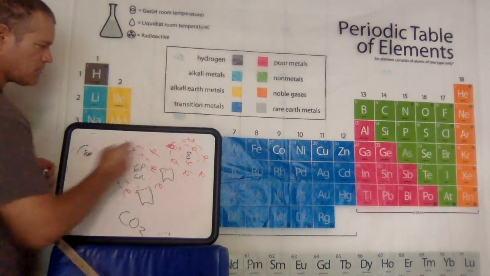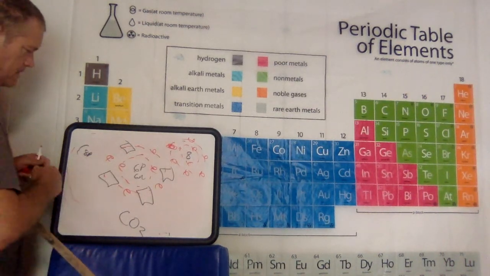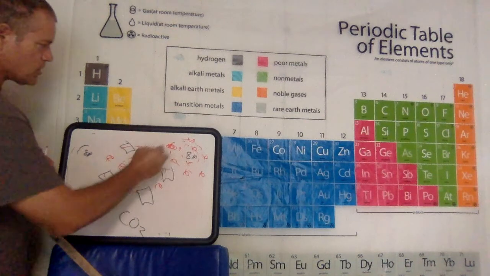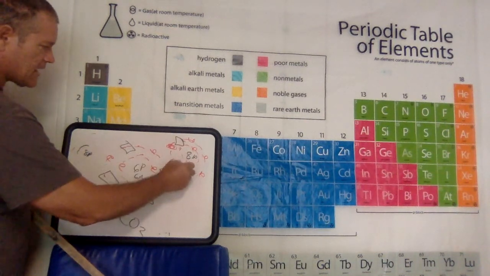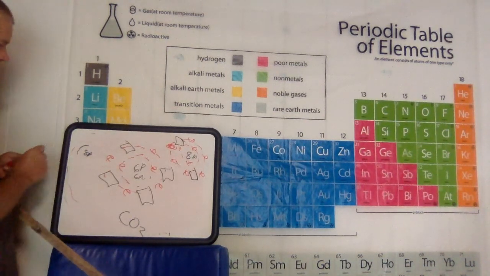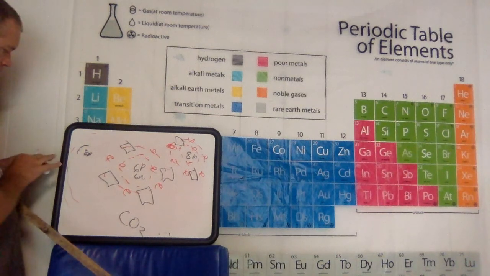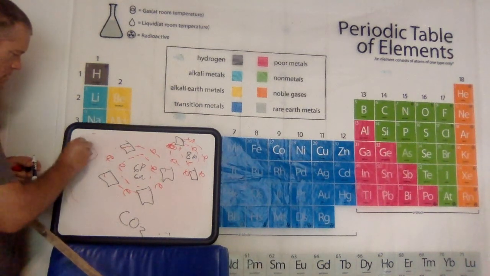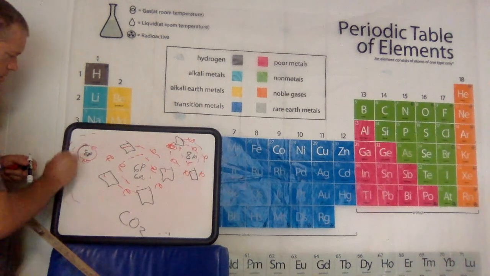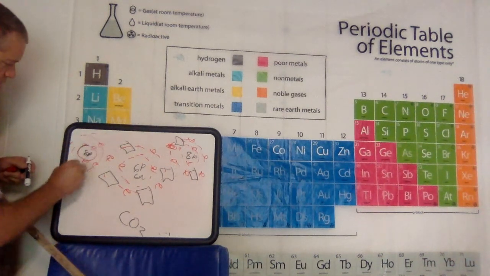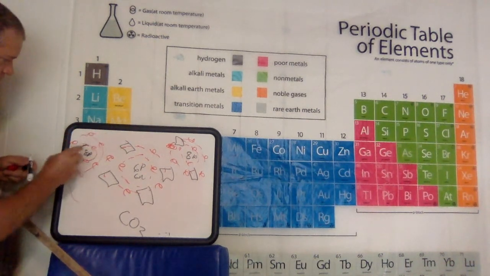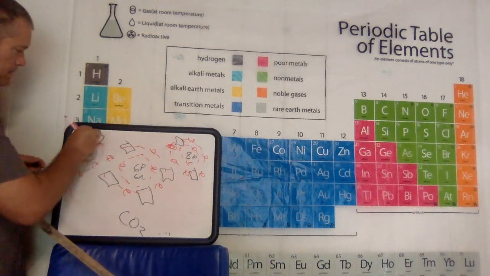I did that kind of terrible, but you get the idea. Now look at that. It has a gap here and a gap here. Same thing over here. 1, 2, 3, 4, 5, 6. So it has a gap here and a gap here.